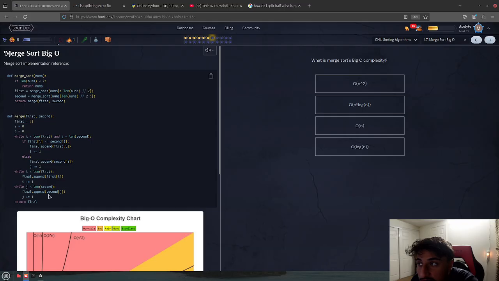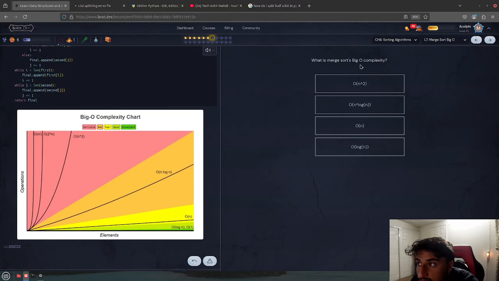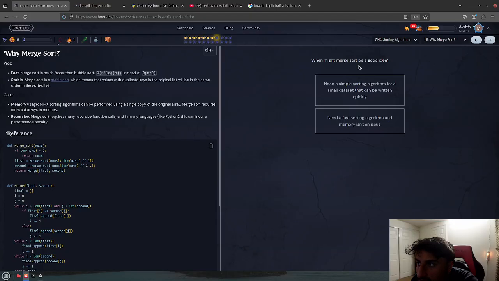So everything we just did. What is merge sort's big O complexity? Oh, what? It's not n squared. It's not constant. Why merge sort? Merge sort is much faster than bubble sort.